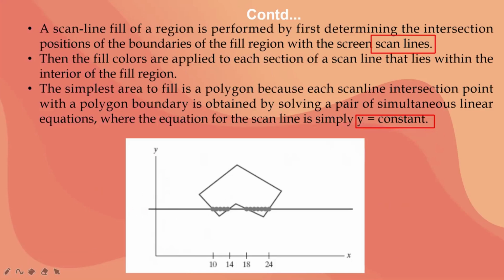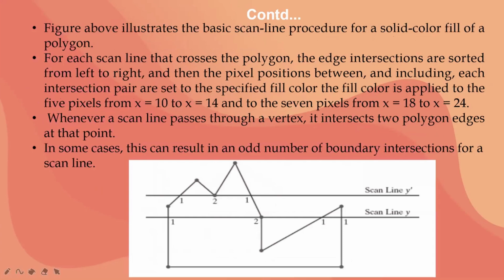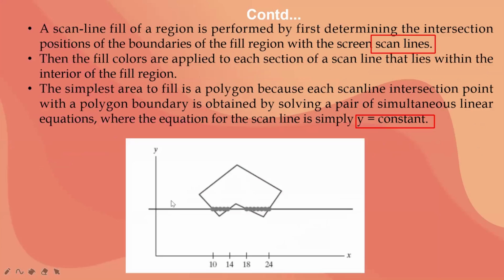Moving towards the next point, remember another thing: whenever the scan line intersects with any of the axes, we give the name scan line y, because it is intersecting my y-axis.